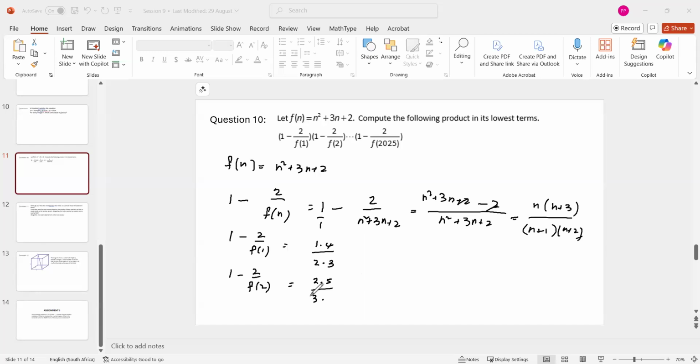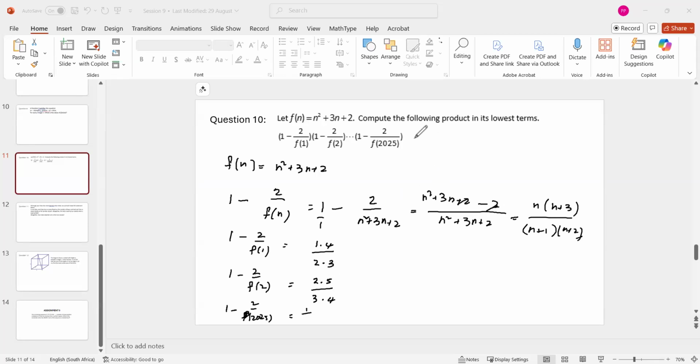Oh, yeah, 3 times 4, like that. So when you go all the way up to 2025, you get 1 over, or you can put 2025 here.